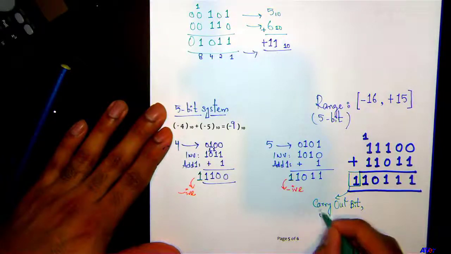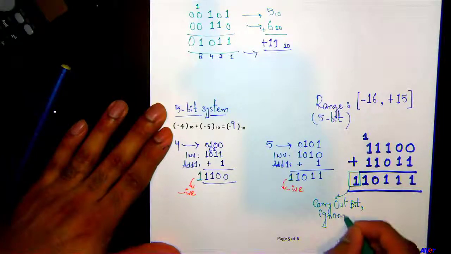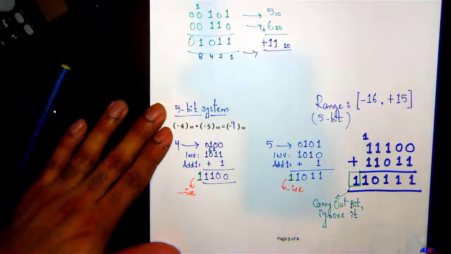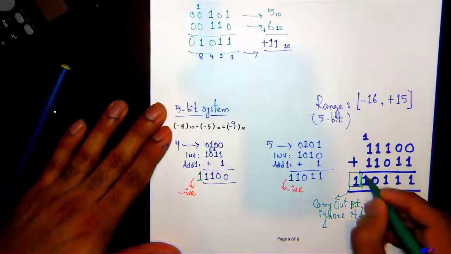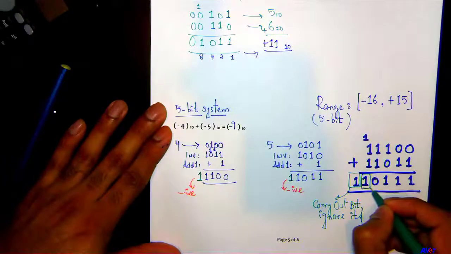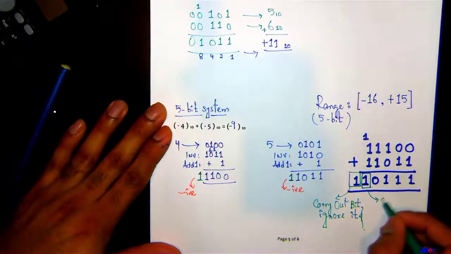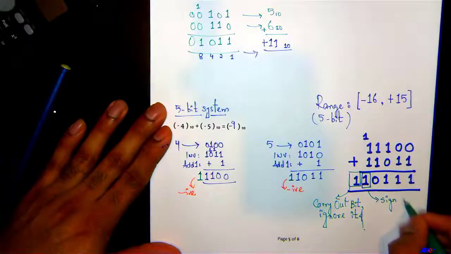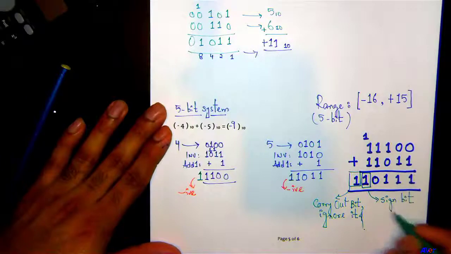We ignore it. Okay, and this right here is your sign bit, right? And because it's 1, it's a negative number.